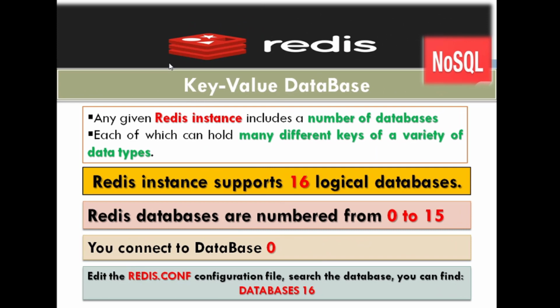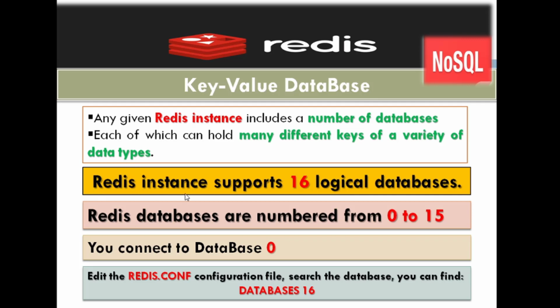After installing the Redis key-value database, any given Redis instance includes a number of databases, each of which can hold many different keys of a variety of data types.